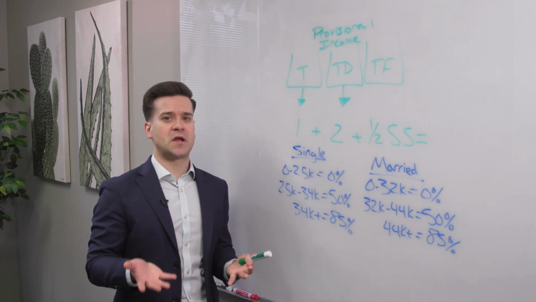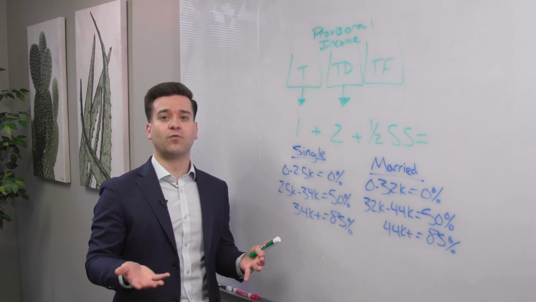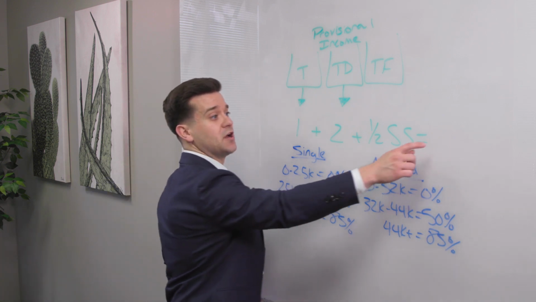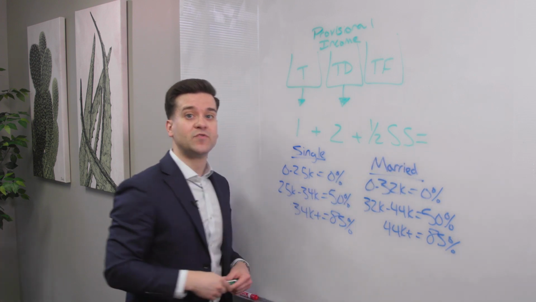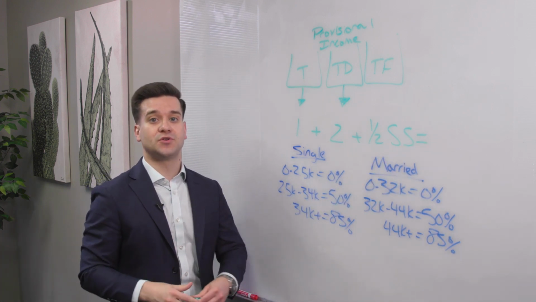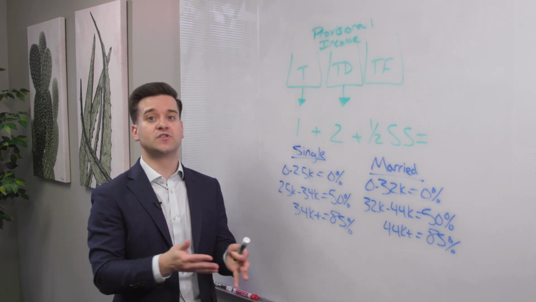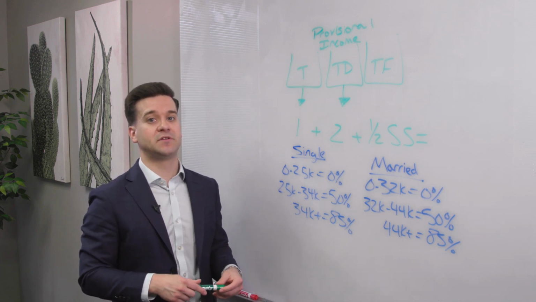So let me make that threshold a little bit more clear for folks watching. It's either going to be 85% of the amount above this number, or 85% of your total Social Security benefits, whatever is the lesser of the two, is what you're including in your taxes for that particular year.